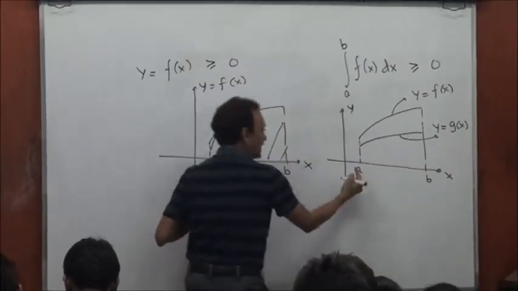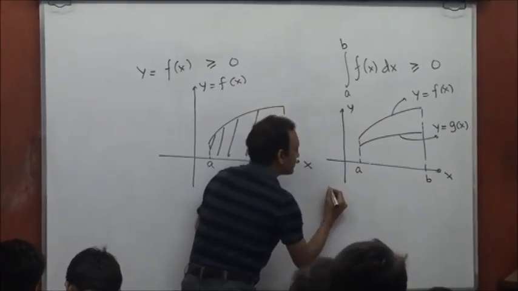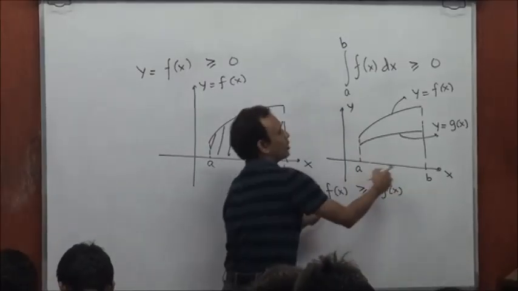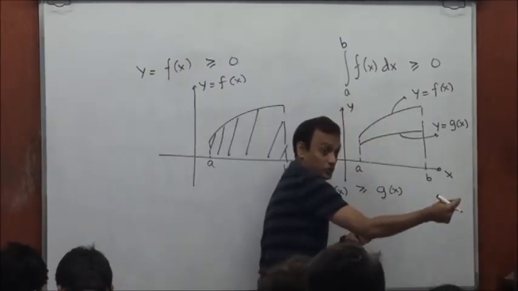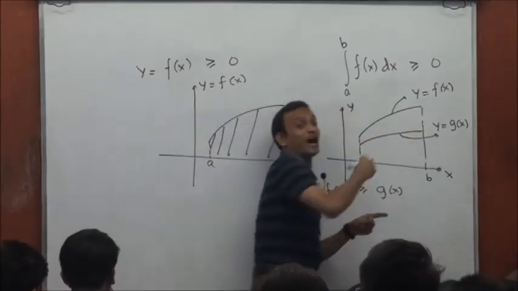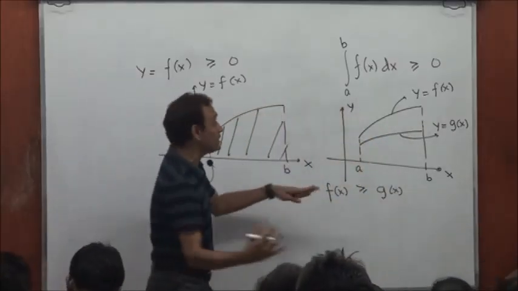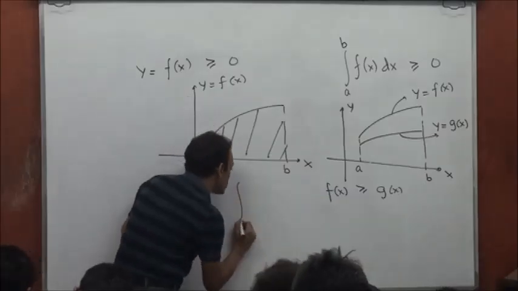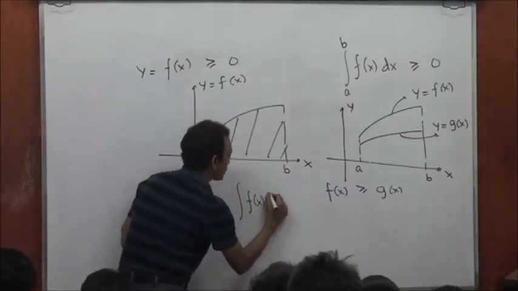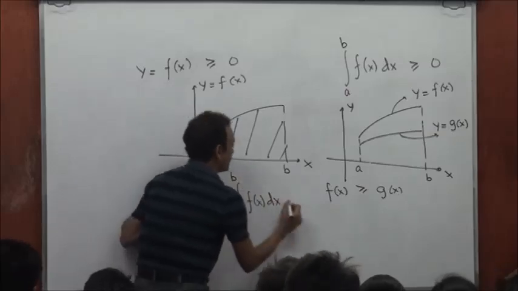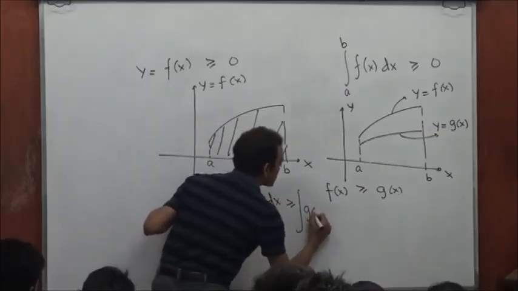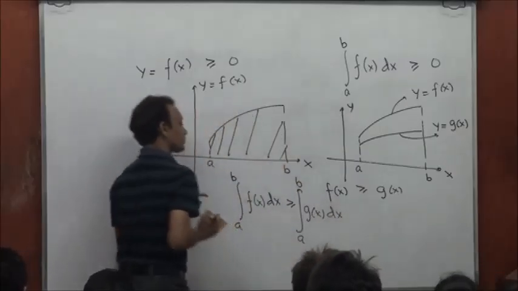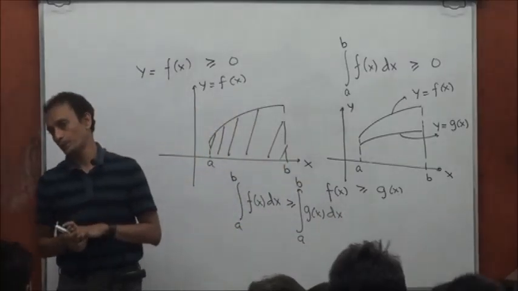That means, for all x belonging to a to b, if f(x) is larger than or equal to g(x), then the area under f(x) would be larger than the area under g(x) from a to b. So f(x) greater than or equal to g(x) in a given interval a to b would cause the integral of f(x) dx from a to b to be larger than the integral of g(x) dx from a to b. Yes or no? Right?